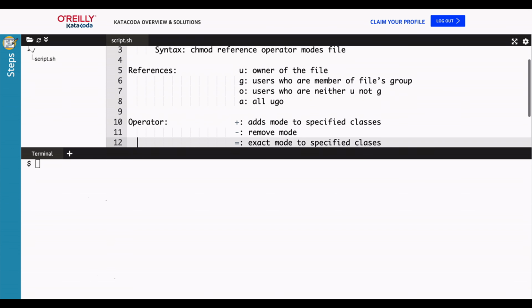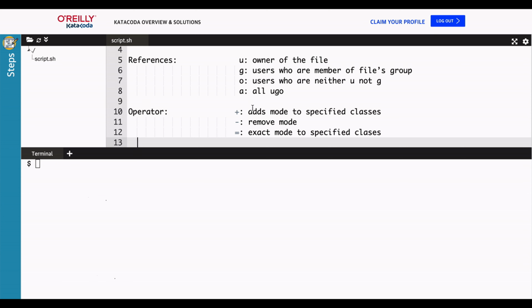We also have the operators: add, remove, and exact. Plus stands for adding modes to the specified classes, minus stands for removing modes, and equals stands for setting the exact mode for the specified classes.